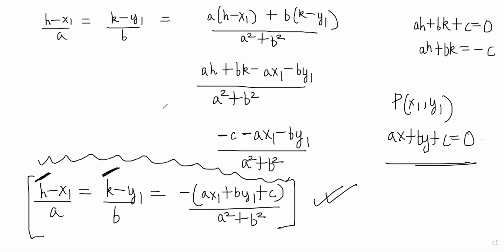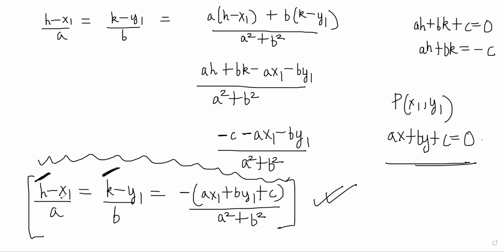We have done the proof of how this relationship has come. It comes from the fact that the foot of the perpendicular lies on the straight line, and also the product of the slopes is -1, and then we are doing some ratio and proportion properties to get this.